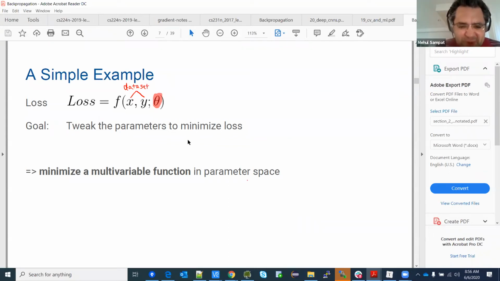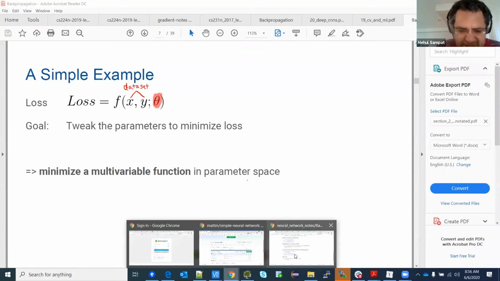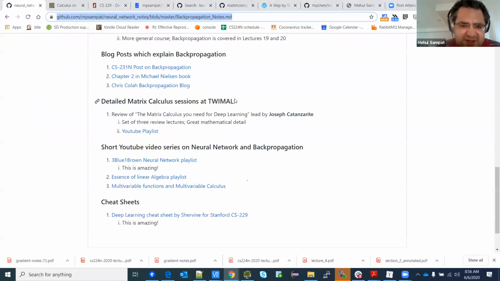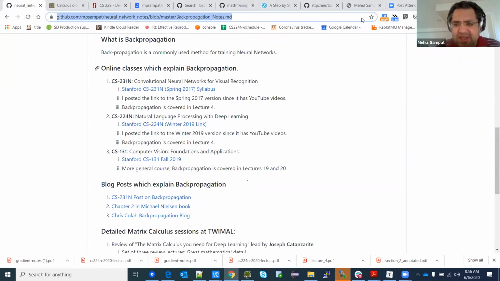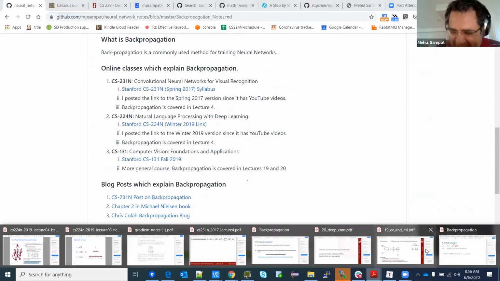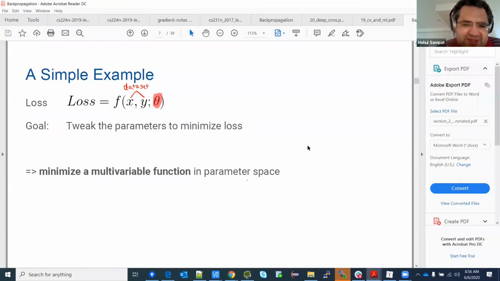Yeah, I'll definitely post it, and I put a link to everything here also, but I'll post the PDFs also. Super. Sure. I didn't get through this one because it's 40 slides of only backpropagation.